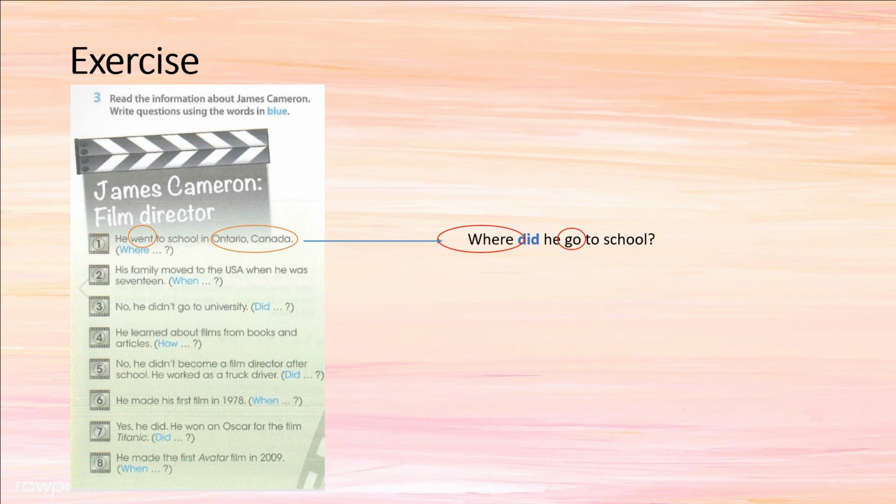So, when did his family move to the USA? So that is the question for number 2. I believe that you can do on your own for question number 3, 4, 5, 6, 7, and 8. Good luck!